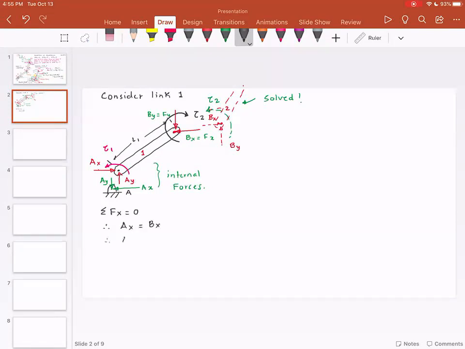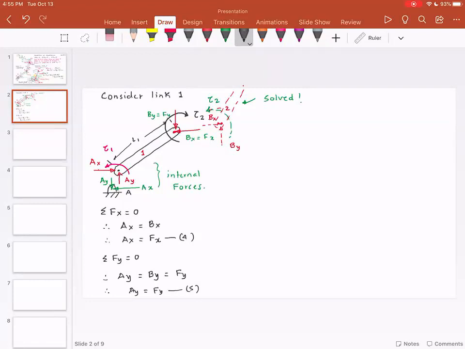In other words, Ax is equal to F of x. This is equation 4. Then summation of forces in the y direction is equal to 0. That means A of y is equal to B of y is equal to F of y. In other words, A of y is equal to F of y. This is equation 5.